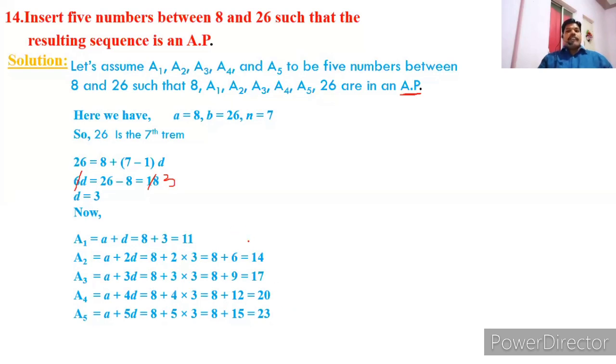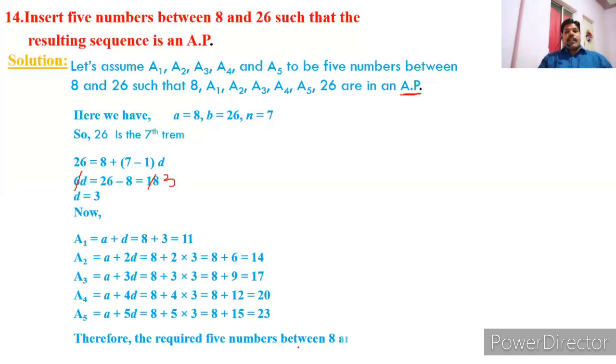So these are the 5 arithmetic means inserted between these two numbers 8 and 26. Automatically the resulting sequence will become an arithmetic progression. Yes or no? See this one, the difference between the first term and this term is nothing but 3, and these two terms are 3, these two terms are 3, these two terms are 3. In between these two numbers, we inserted 5 numbers A1, A2, A3, A4, A5, such that the resulting sequence is an AP.